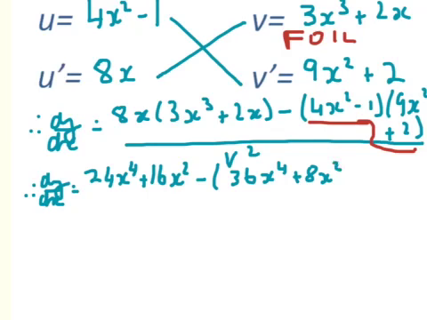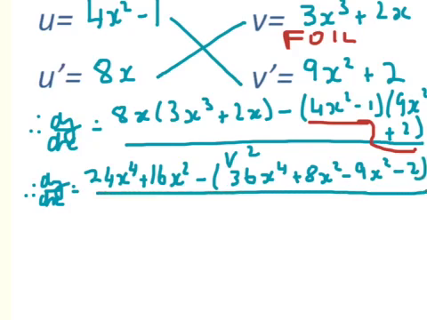Then the inside terms, negative 1 times 9x squared is minus 9x squared. And your last terms are negative 1 times 2 is negative 2. And let's just put all that over v squared again. Again, we're not too troubled about expanding it just yet.